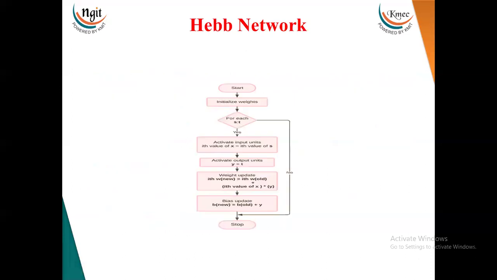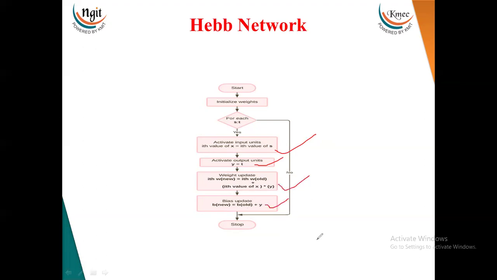So this is the structure. First, we start the flow chart for your Hebb network: initialize the weights, and for each input, I'm activating the inputs, ith value of S, and I'm getting the outputs. And the new weight I'm adding with the help of this formula: ith old plus ith value of X into Y. Then finally, the bias will be updated.